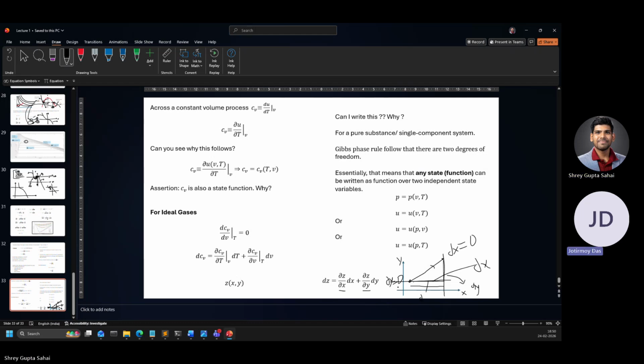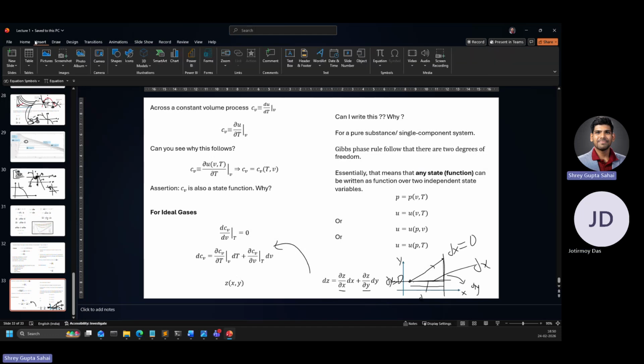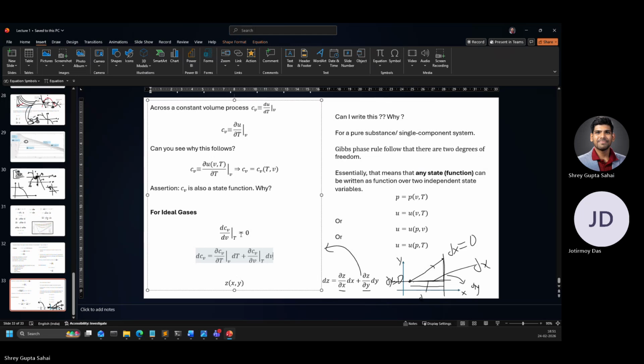Okay. So I've written this thing. Basically, I'm doing this in a sophisticated manner, but essentially what I'm saying is that the dependence of specific volume on CV drops. So this thing drops.